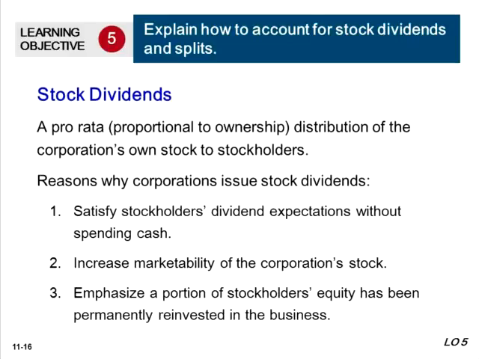So instead of not paying out anything, what the corporation may do is instead go for a stock dividend where they would distribute additional shares to the stockholders without changing the proportional share of ownership in the corporation on the part of each stockholder.